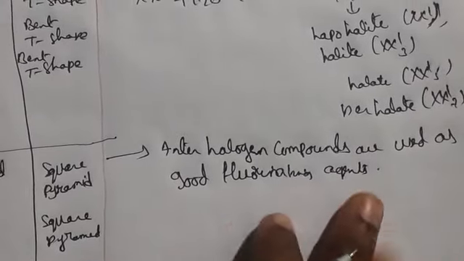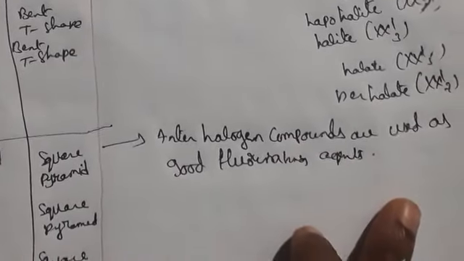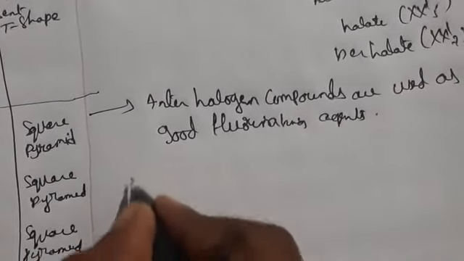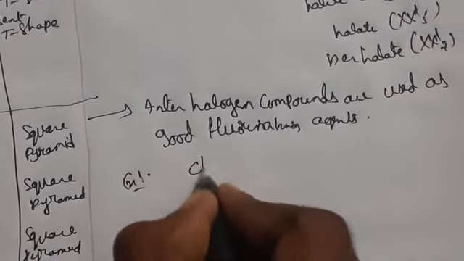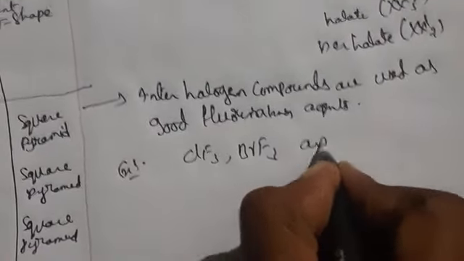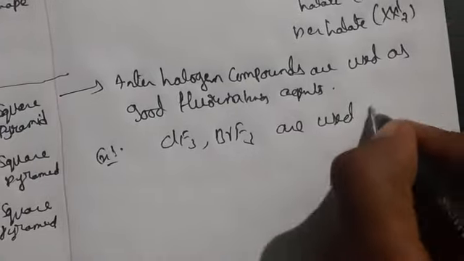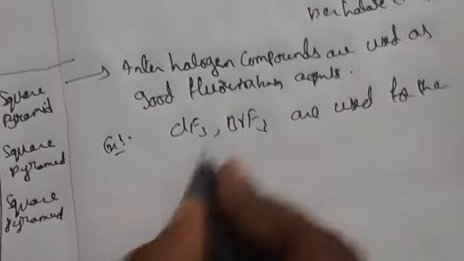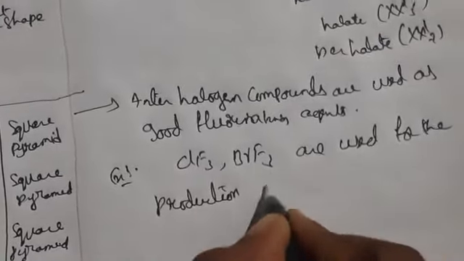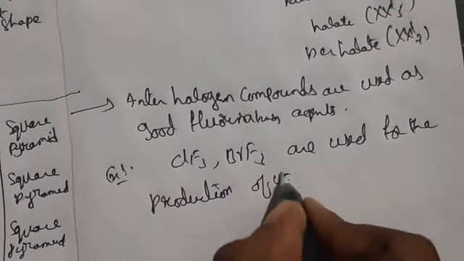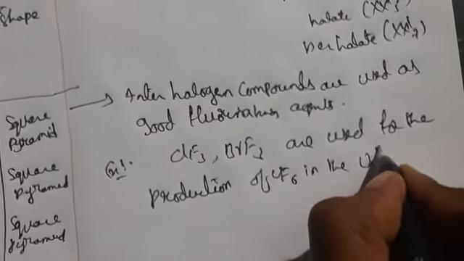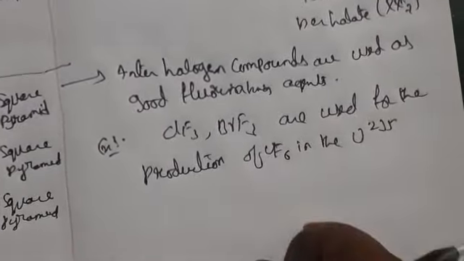For the production of UF6 from uranium-235. For example, ClF3 and BrF3 are used for the production of UF6 in uranium-235. U is nothing but uranium here.